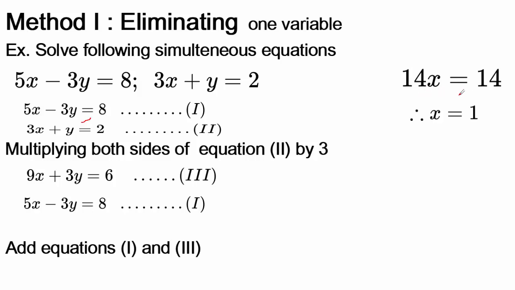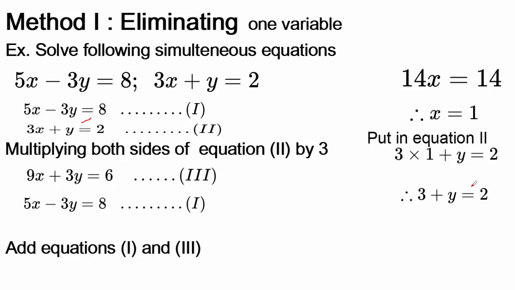If we solve this, we get x equals 14 by 14, that is 1. We got the value of one variable, x equals 1. To find the second value, we shall substitute this value in equation 2. 3 into 1 plus y equals 2, and we get 3 plus y equals 2.